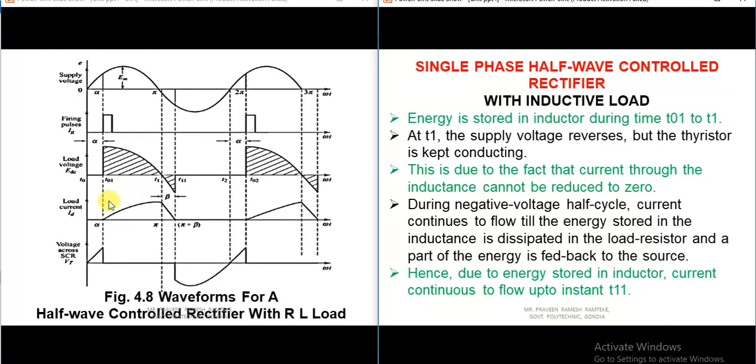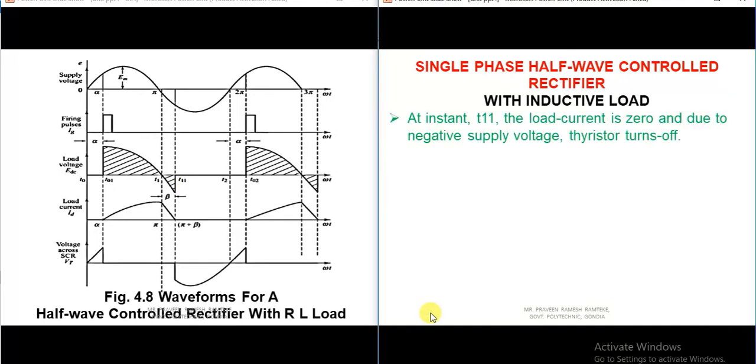So, during the positive half cycle, when the SCR is triggered, the load voltage is available from time interval t01 to t1, and as the input supply gets phase reversal during the negative half cycle, we will obtain a reverse load voltage from time interval t1 to t11. At time instant t11, the load current is 0.